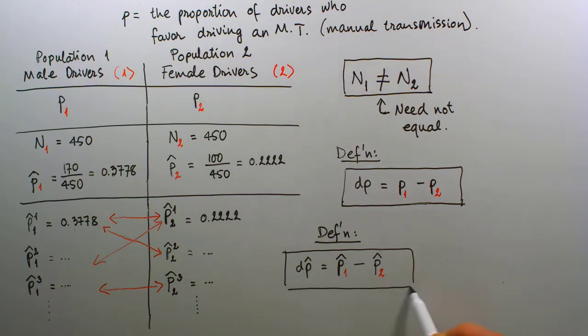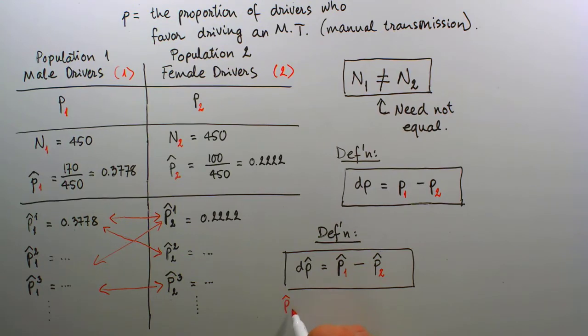But upon defining this difference right here, the difference between a p hat 1 and a p hat 2, it is now important that I clearly define what p hat 1 is.